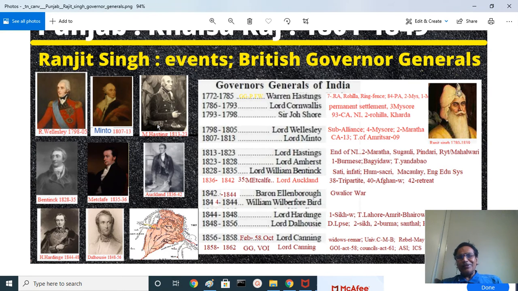Lord Hastings is different from Warren Hastings. Warren Hastings was the first Governor-General. Next is Lord Hastings or Marquess Hastings. In his time, the British Empire in India became the British Empire of India. That means practically the entire India became their empire.